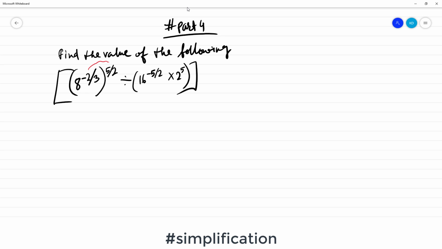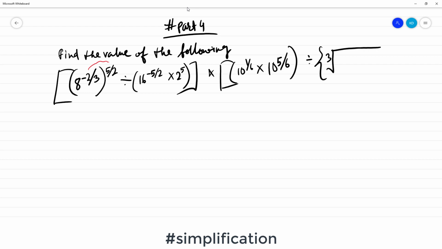So here is this term, 1 by 6 into 10 to the power 5 by 6. Round bracket close, and braces bracket open, cube root of 5 squared to the power.